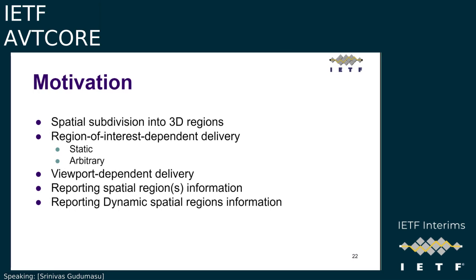If it is based on the region of interest, it can be a static 3D region, or the receiver can request an arbitrary 3D region. And in case of viewport, based on the current user's viewport, it can request a viewport-based delivery of the content.